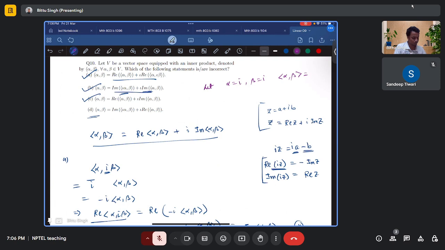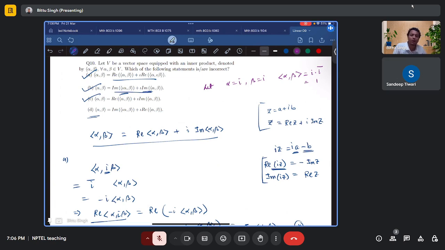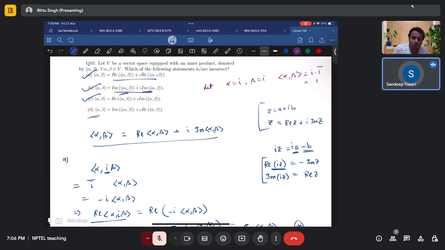This is the same as i times i bar, right? Sir, A and D will be equal if the imaginary parts are equal. So real alpha beta is equal to real alpha comma i beta.